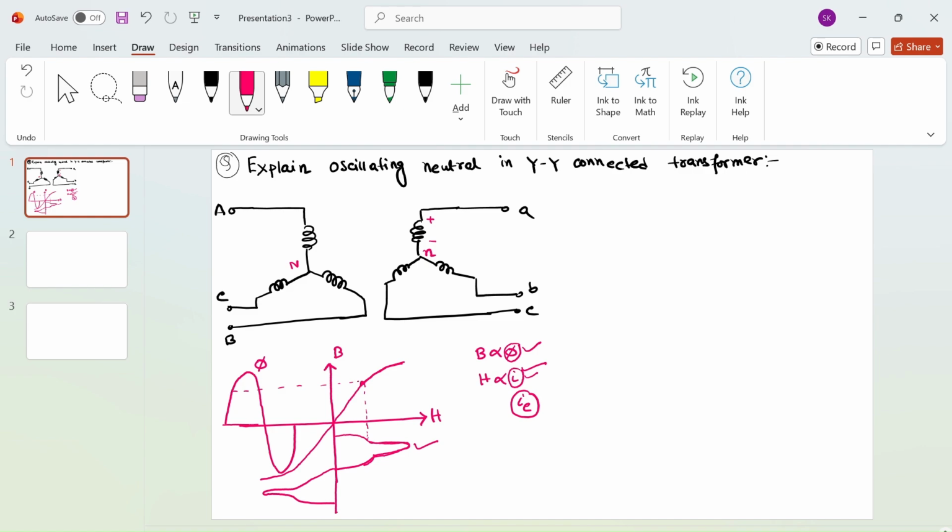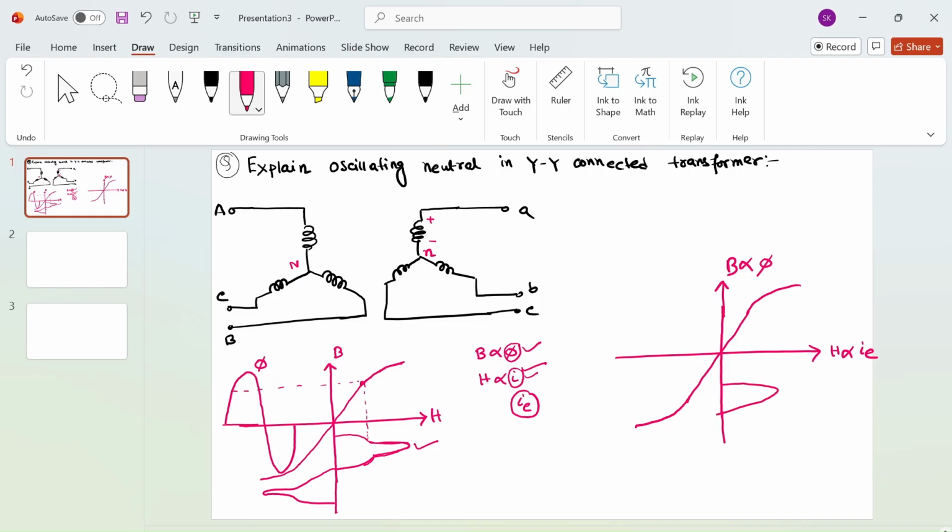And for example, if I consider my exciting current is sinusoidal in nature, let's say this is my B, and this is my non-linear BH curve, and my H is proportional to the exciting current and B is proportional to phi. Now, let's say my exciting current is a purely sine wave.